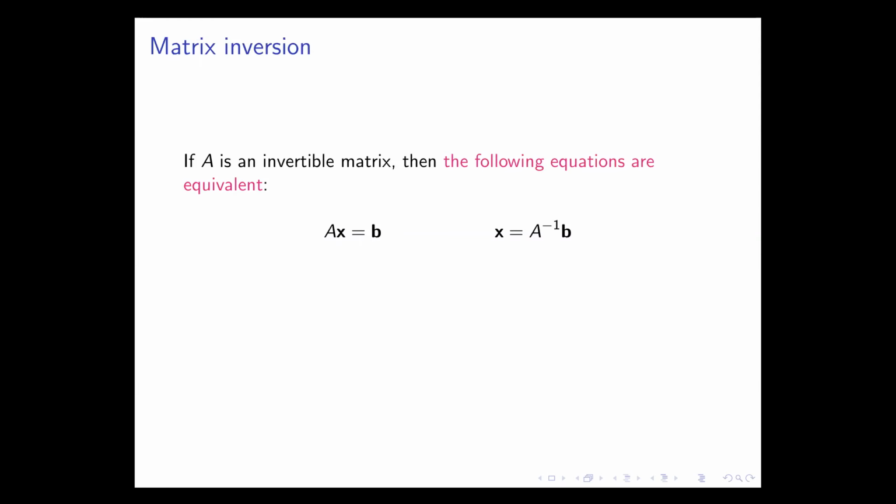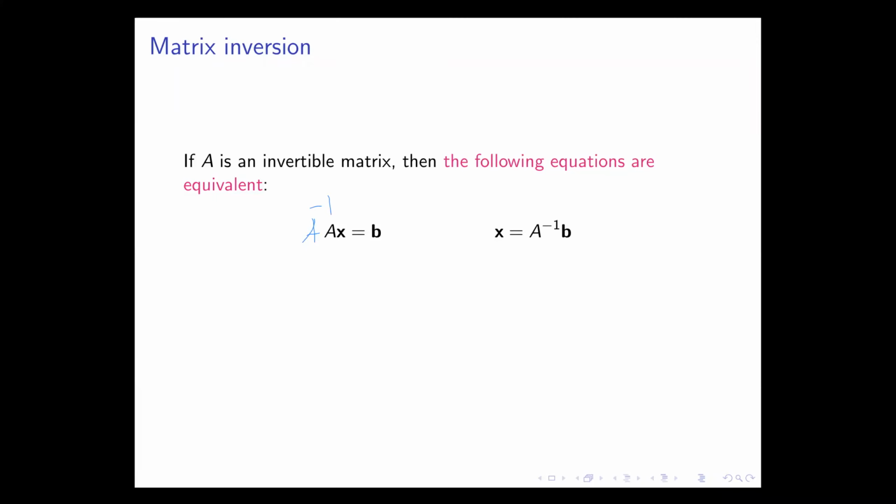Okay, now if A is an invertible matrix, then the inhomogeneous equation for X, you can formally solve by inverting matrix A. So if A times X is equal to B, now we can multiply this by A inverse, right?